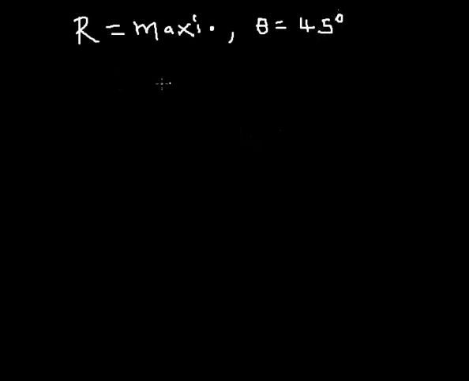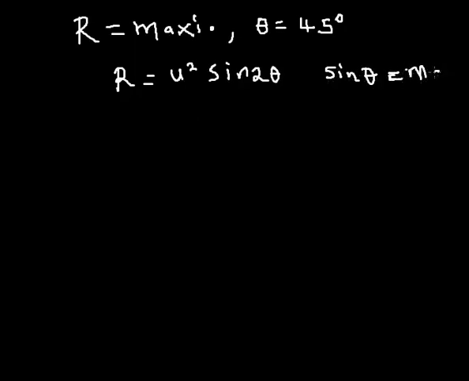Why is that? Because for range, what we have is u square sine 2 theta. Now, sine theta is maximum only if theta is 90 degrees.